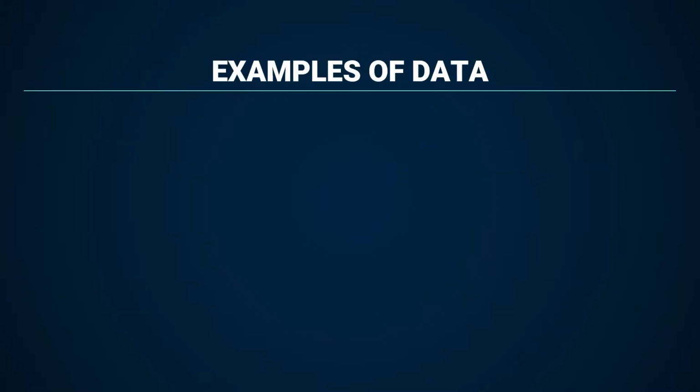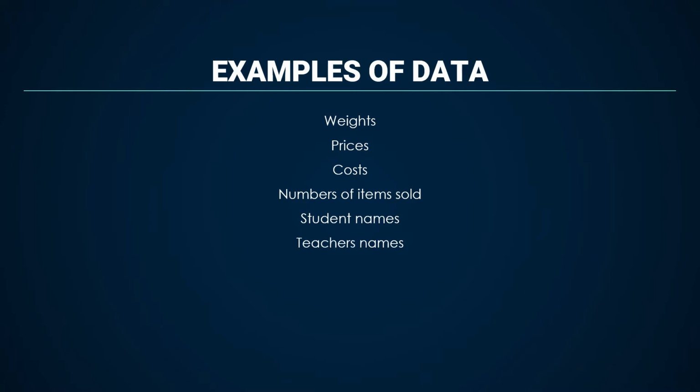Can you give examples of data? Data are everywhere. It can be weight, price, cost, numbers of items sold, student names, teachers' names, addresses, tax codes, registration marks, and grades.